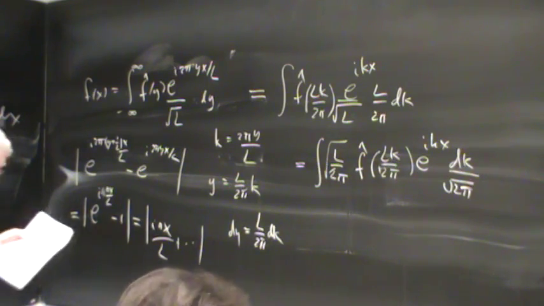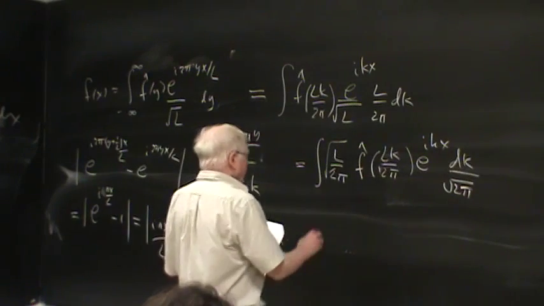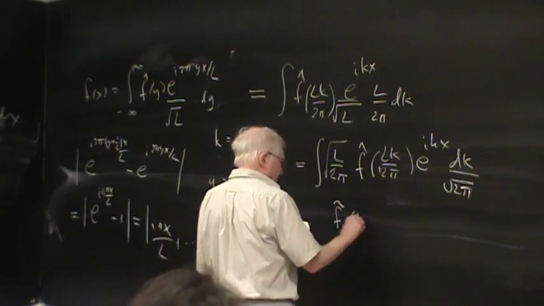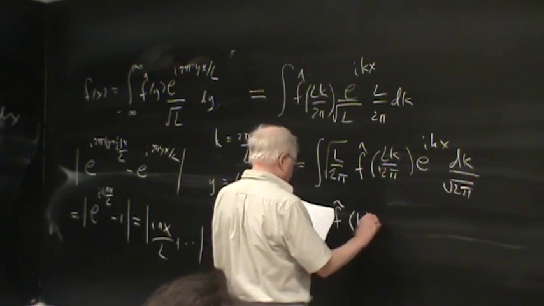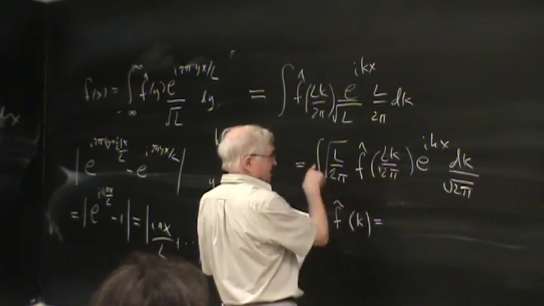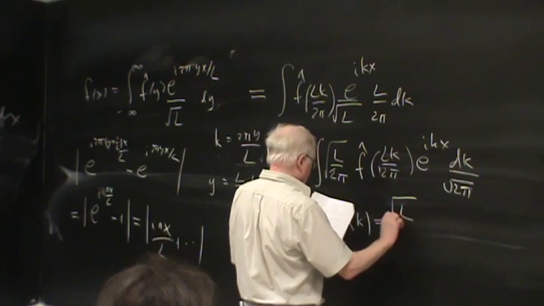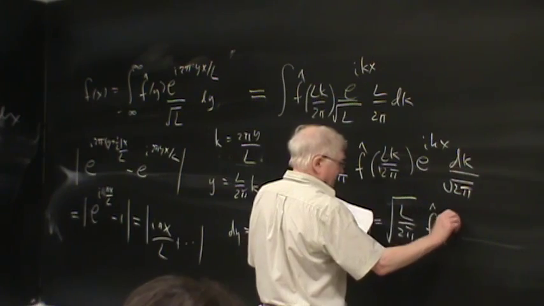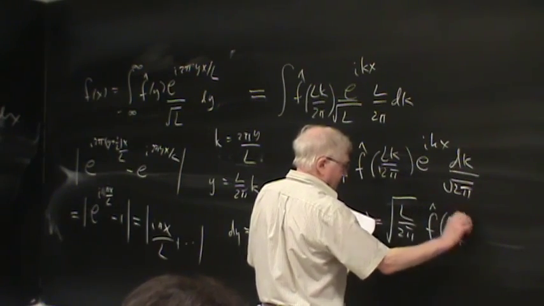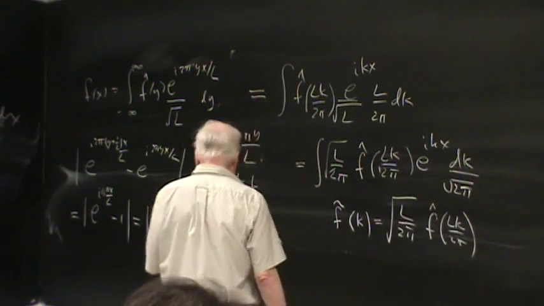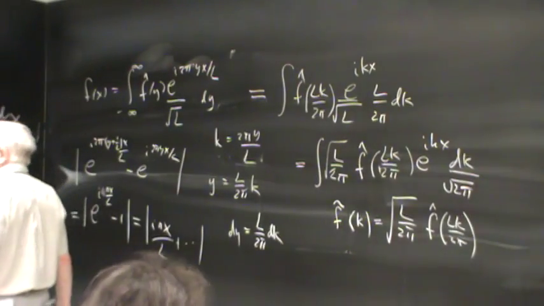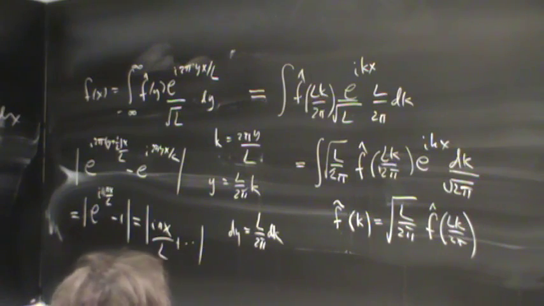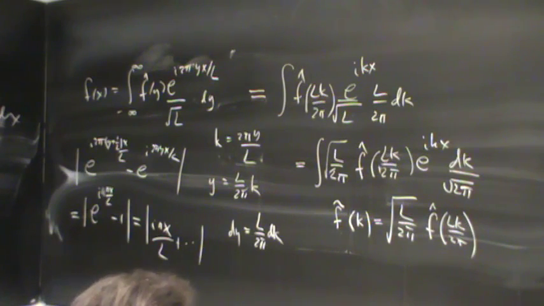All right, so at this point, we say f tilde, which is the Fourier transform of f, f tilde of k, is this structure here: square root of L over 2 pi, f hat of Lk over 2 pi. And now if we remember what f hat is, f hat of y is just f of the nearest integer to y.